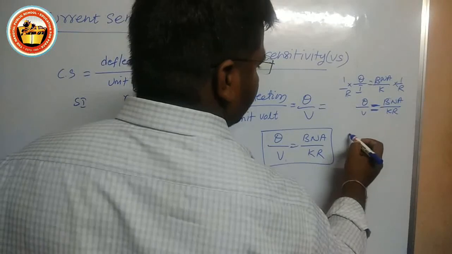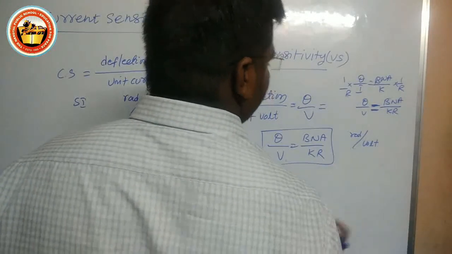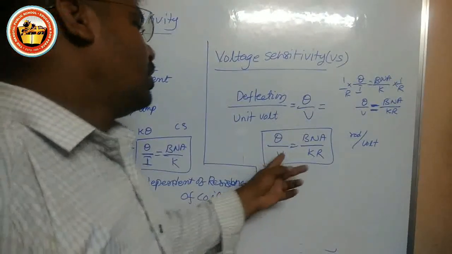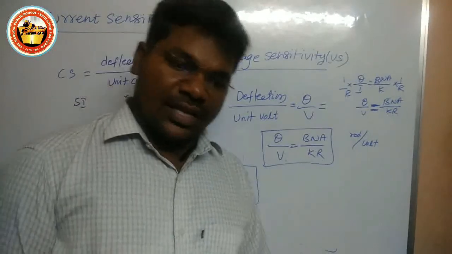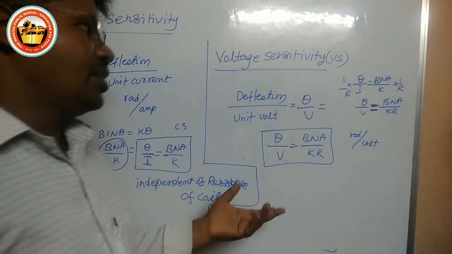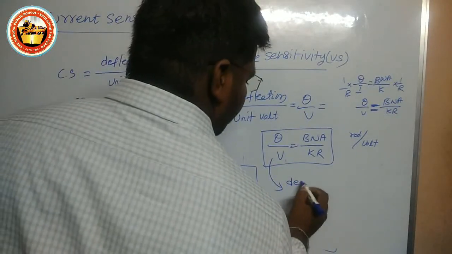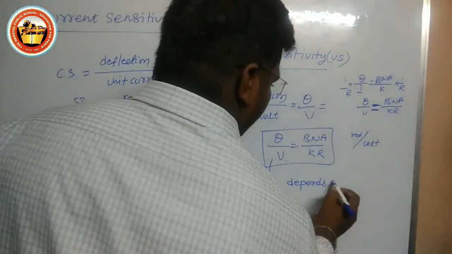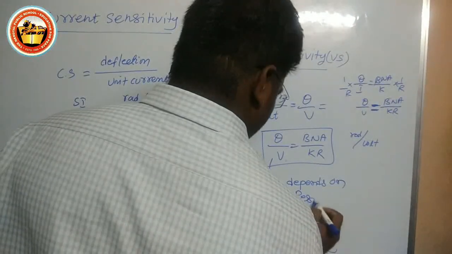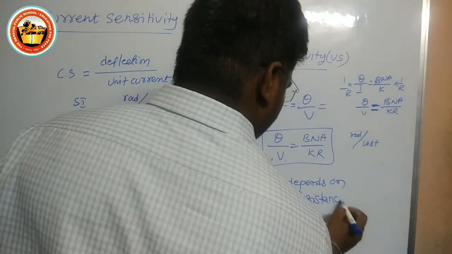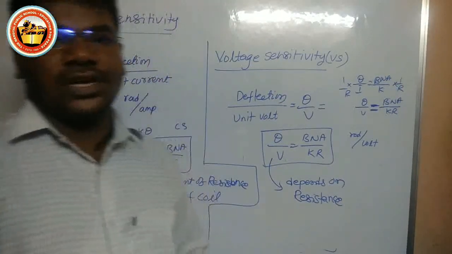Its SI unit is radian per volt. Theta by V is equal to BNA by KR. So voltage sensitivity depends on resistance. Very important one.